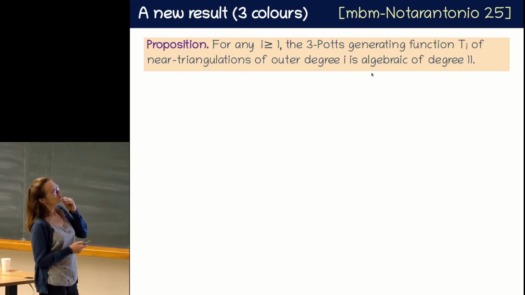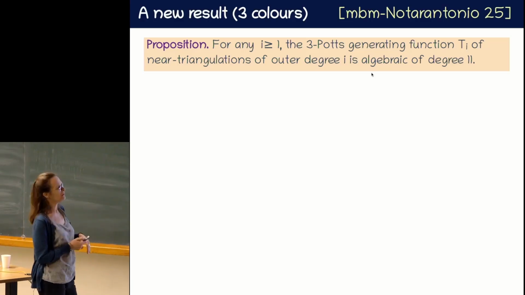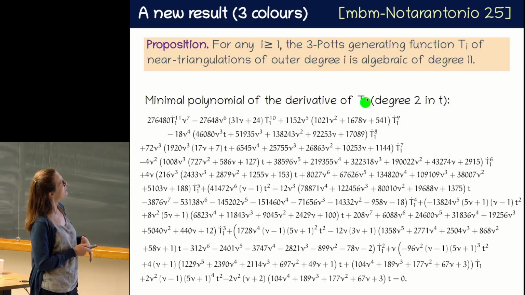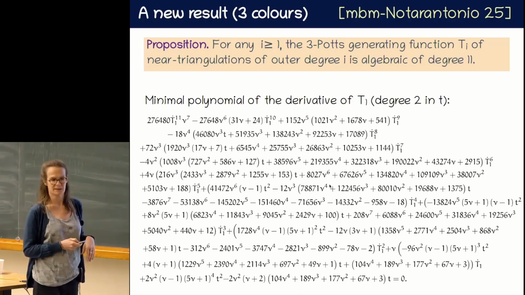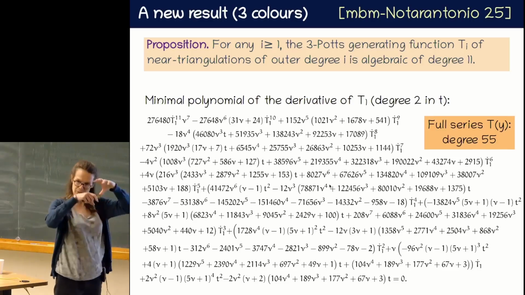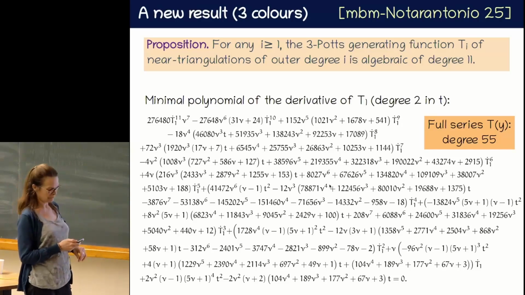And the smallest equation that we found in this class of problems is the one, again, for the derivative. So for the derivative of t_1, we found an equation that has only degree 2 in little t. And if you want the whole thing, the full series with the outer degree, you jump to degree 55.